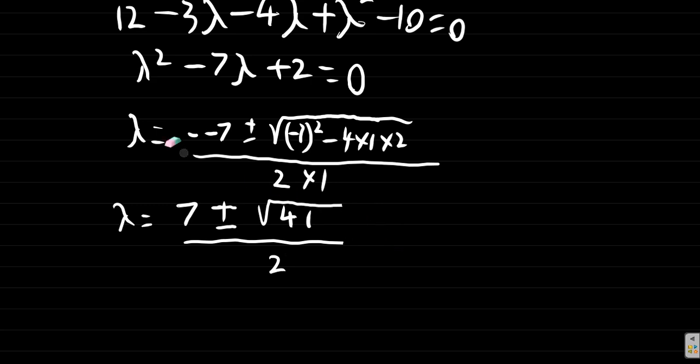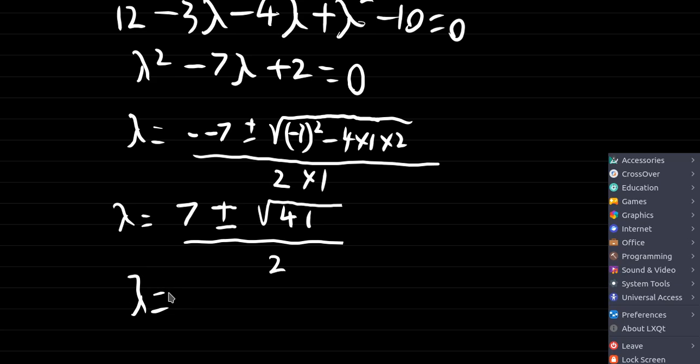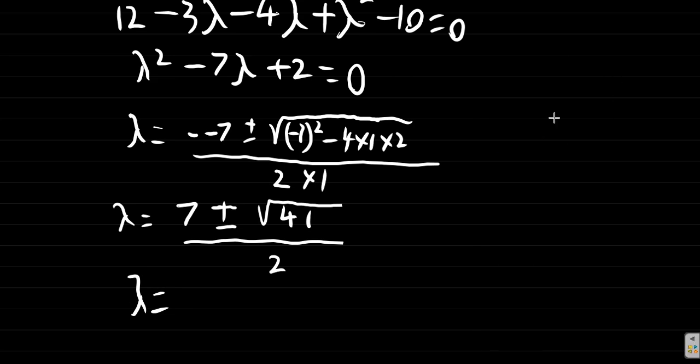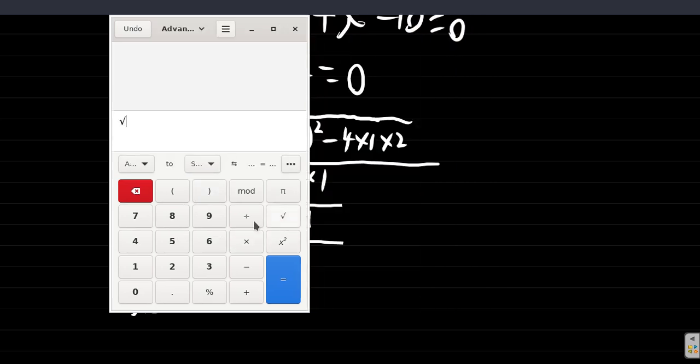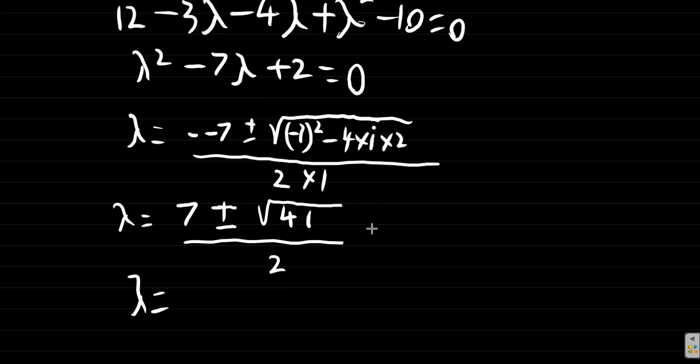So lambda would be what now? 7 plus square root of 41 over 2. What is the square root of 41? Let us see. Square root of 41 equals 6.403. Alright. So it's 7 plus or minus 6.403 over 2.